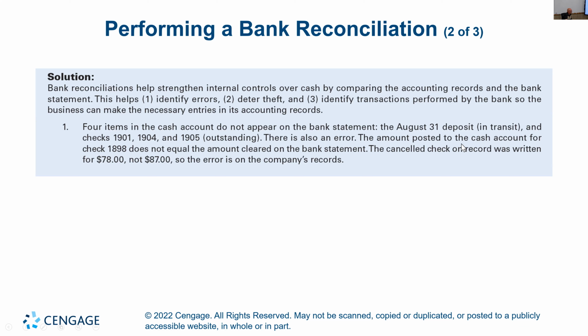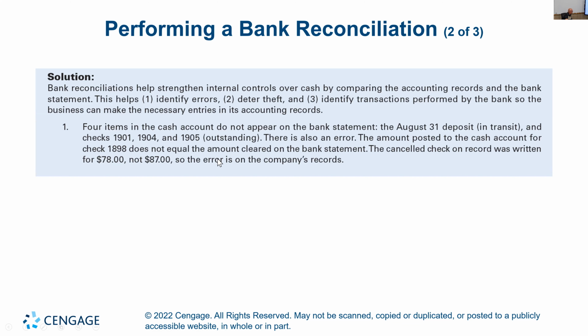The company has recorded it on their books as being in their cash account, but the bank has not yet received that. Checks 1901, 1904, 1905 are outstanding, meaning we have taken them off our books, but the bank has not. The bank still has that in their account.